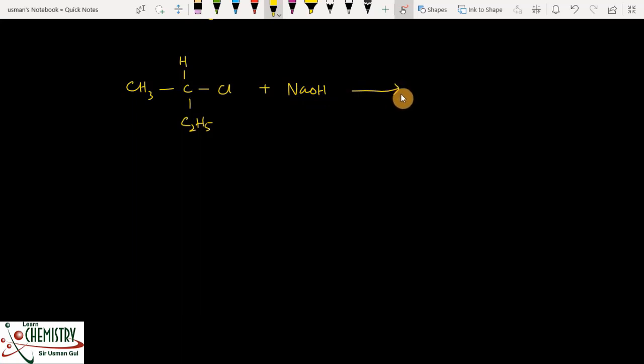So directly what I will get is a substitution product, that would be CH3 CH C2H5 OH and NaCl. Now remember that here we will be using a polar solvent.